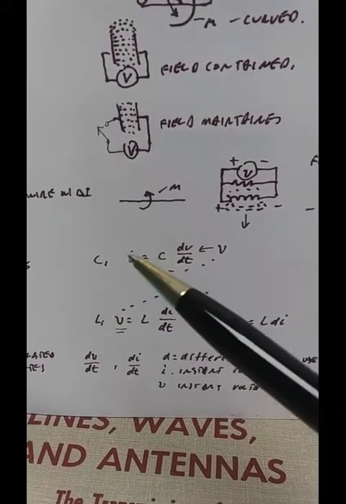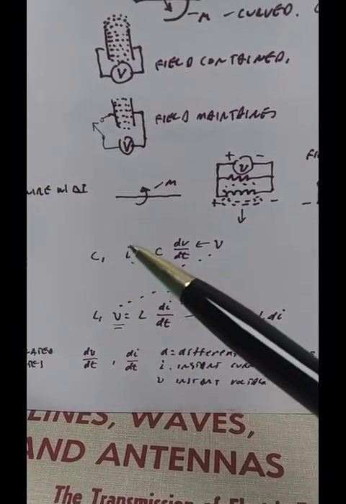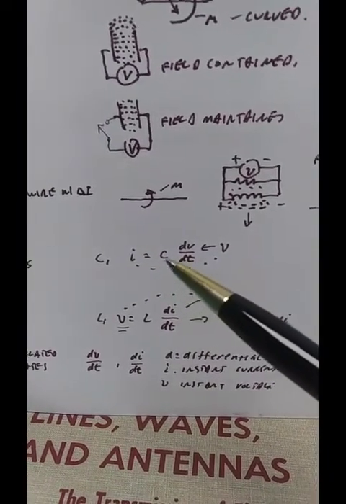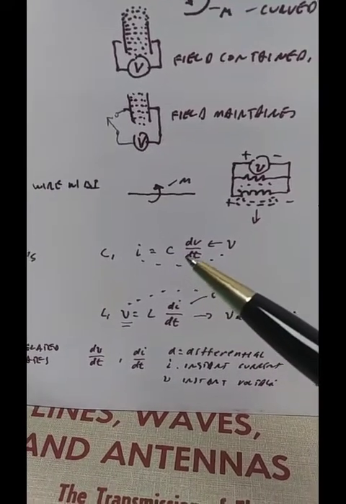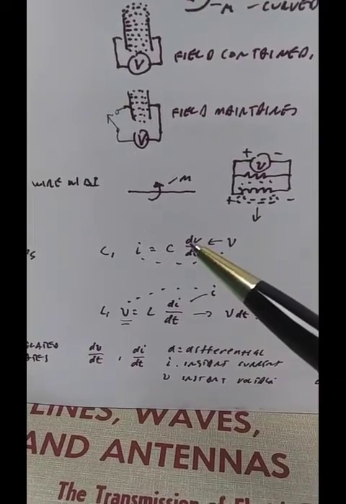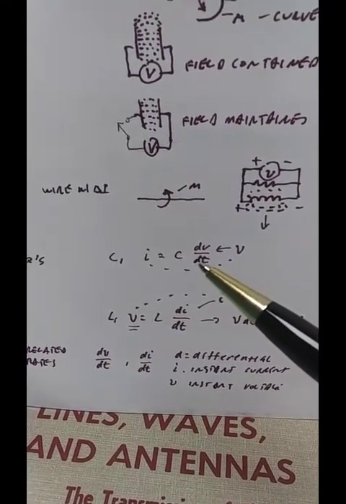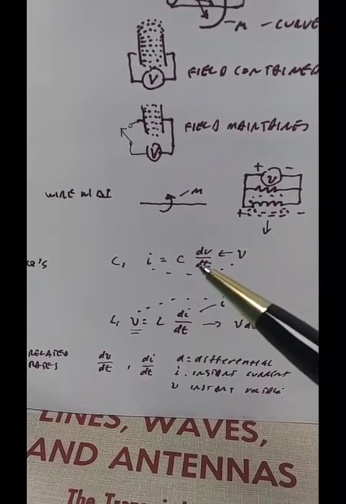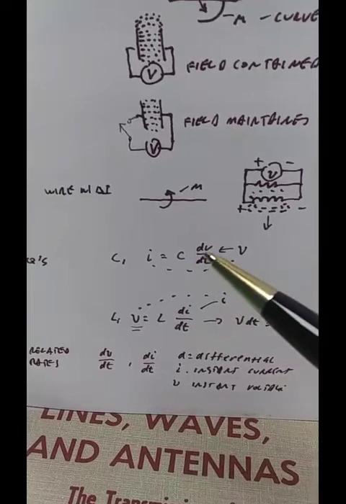But in the integral for the capacitor, the current is the capacitance, as measured on a capacitance meter, C dV over dt, the differential of voltage divided by differential of time. And we can multiply both sides by dt to get I dt equals C dV.